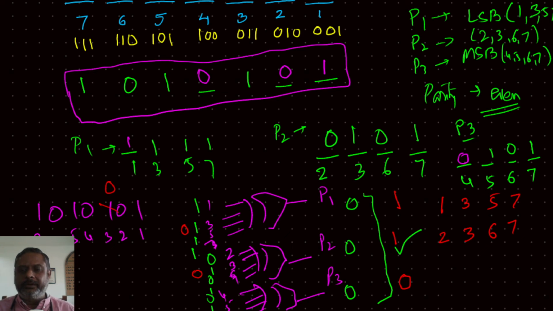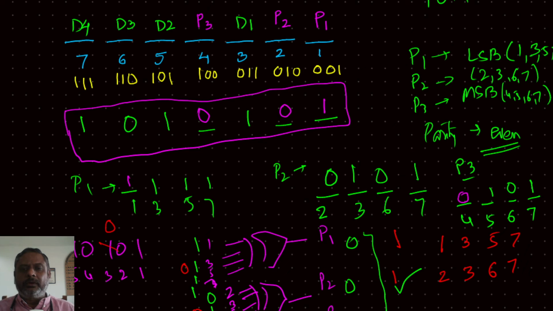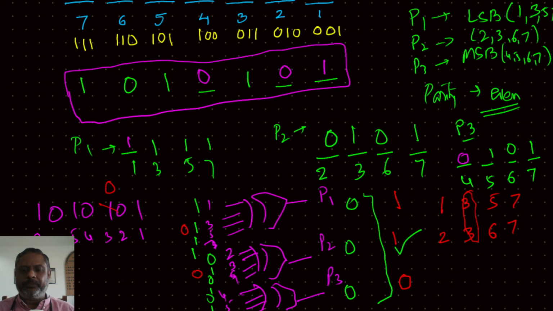So what is common here? The third bit is common in both of them, and the seventh bit is also common. But if the seventh bit had changed, then P3 also would have been 1, but P3 is not 1. Therefore, we can conclude that the culprit is the third bit.